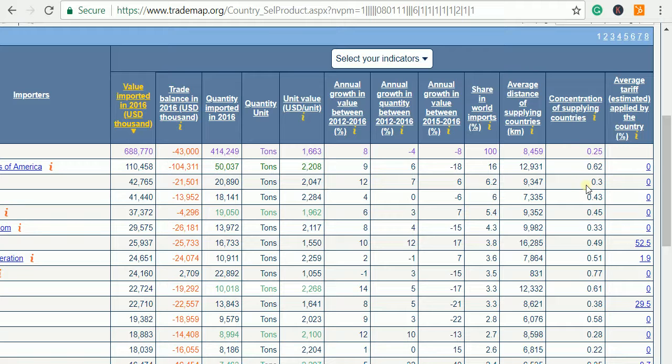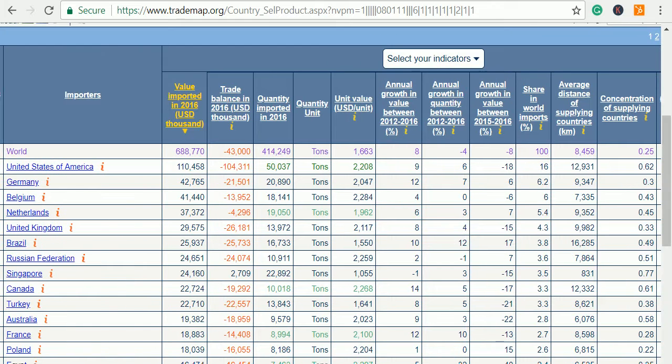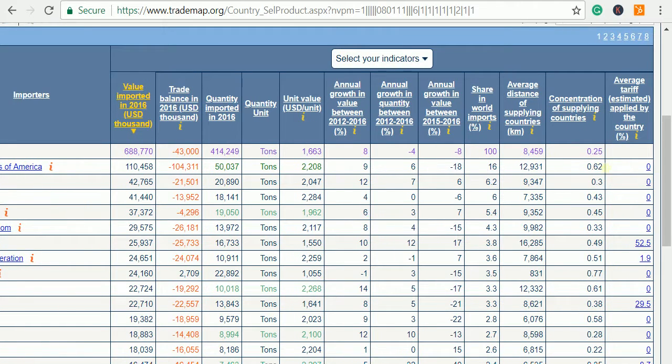If we see the next country, which is Germany, the value is lower than the United States of America. This means Germany is buying from many countries compared with United States of America.